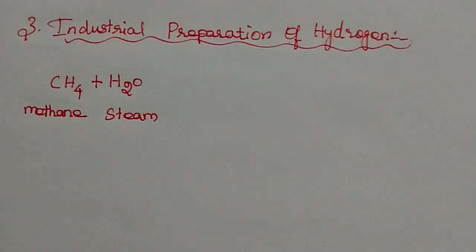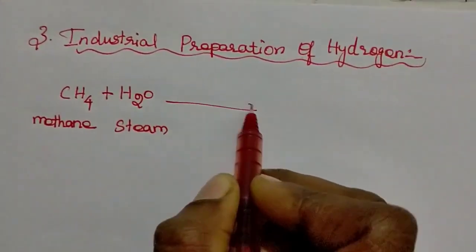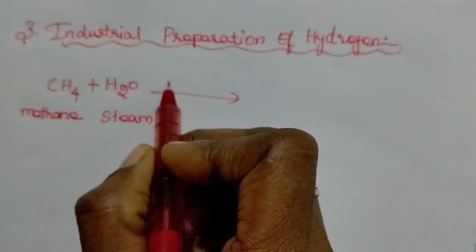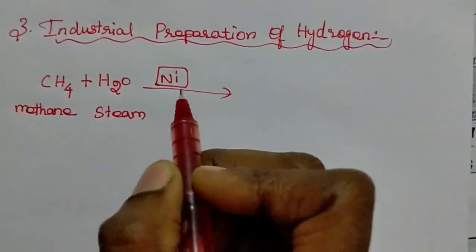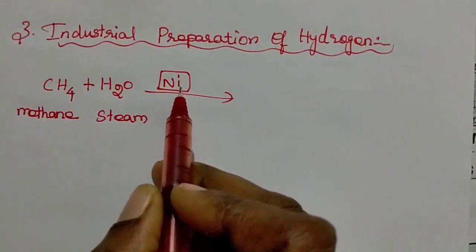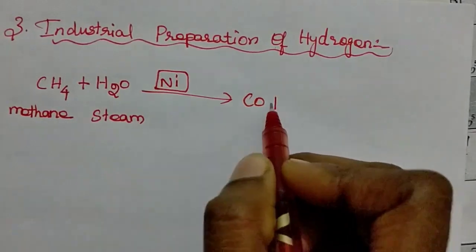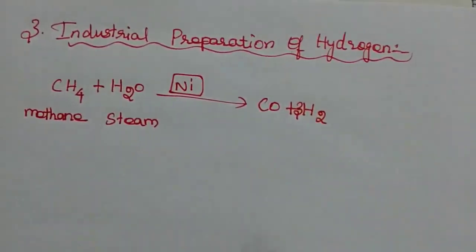It is mixed with the steam and passed over or reacted in the presence of a catalyst. The catalyst we use here is nickel. Because of this reaction in the presence of catalyst nickel, it produces carbon monoxide plus hydrogen.